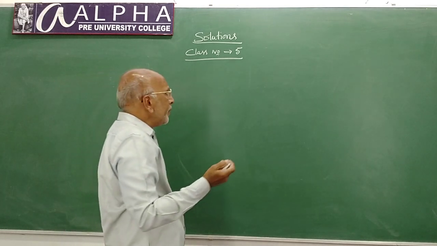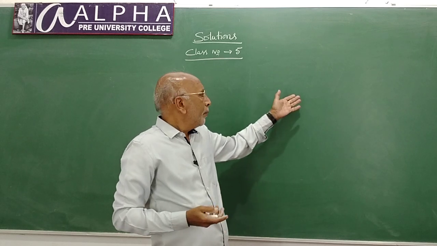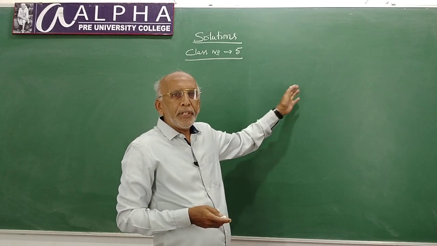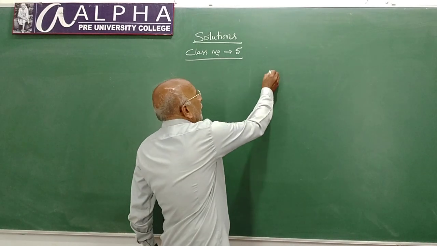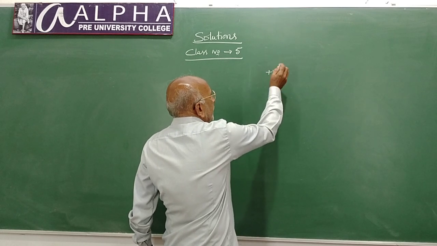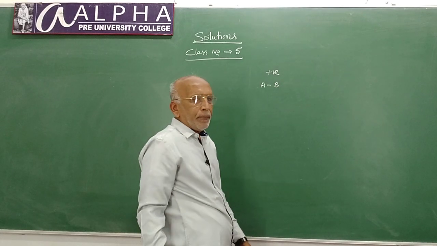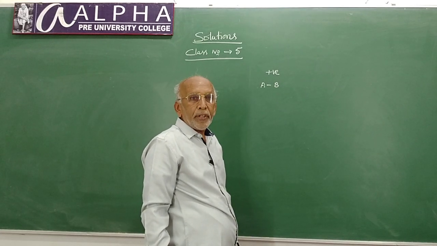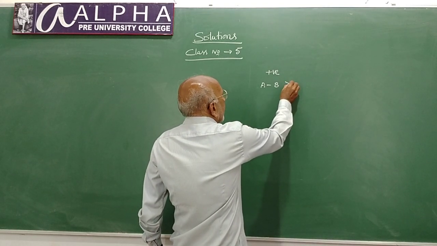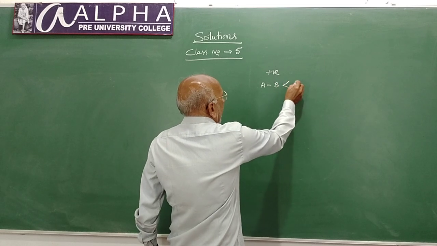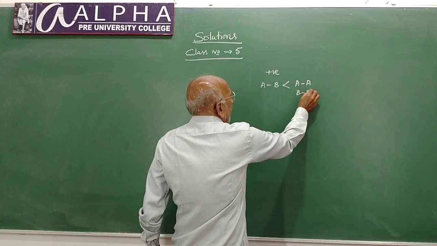See, I will give a few examples. Of course, we have seen the differences between non-ideal solution showing negative deviation and non-ideal solution showing positive deviation. In non-ideal solution showing positive deviation, the interaction between A and B, that is particles of solute and solvent in solution, is less than the interaction between AA and BB.